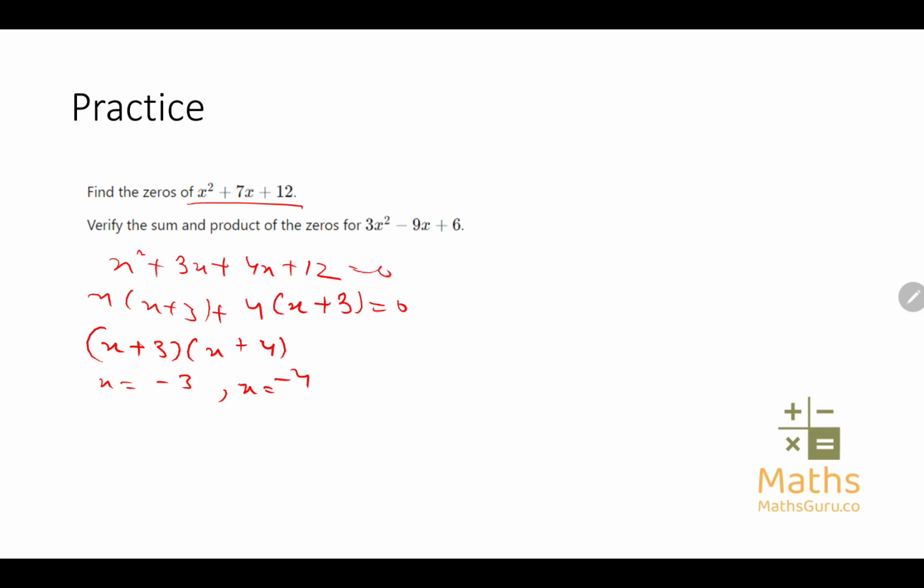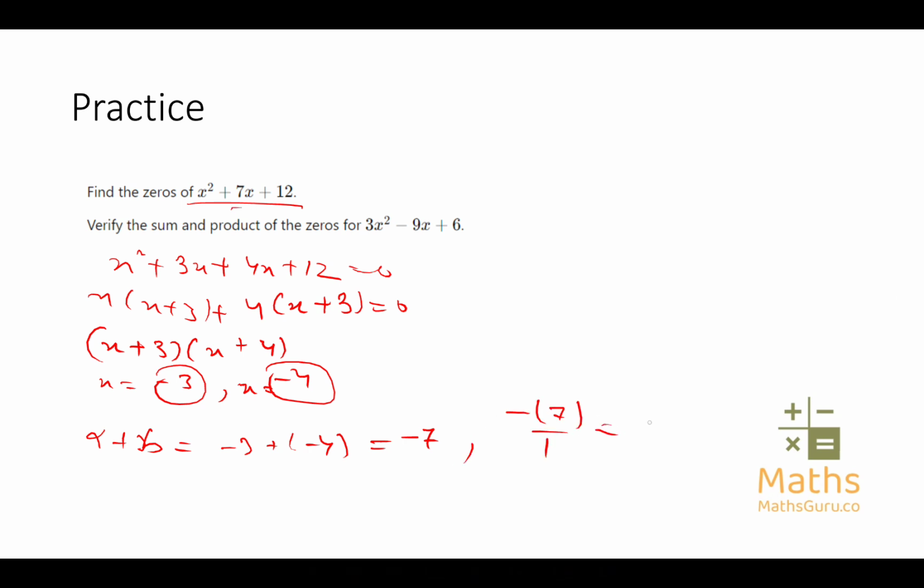Now you have this alpha and beta, and let's try to validate it. Alpha plus beta is minus 3 plus minus 4, so it would become minus 7. Let's try it over here. Minus b by a, minus of 7 by 1, would be minus 7.